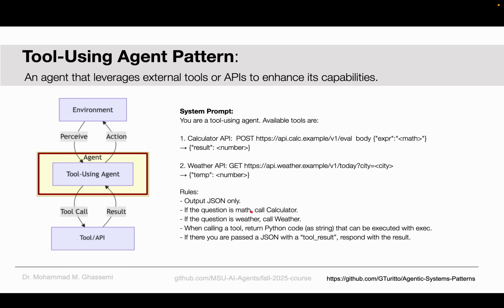If it's a question that involves math, which obviously the agent will have to assess, then we want to call the calculator. If it's a question about the weather, we want to call the weather API. And when calling the tool, we want to return Python code as a string that we can execute. And finally, if we're passed a JSON with a tool result, we want to forward that back to the user.